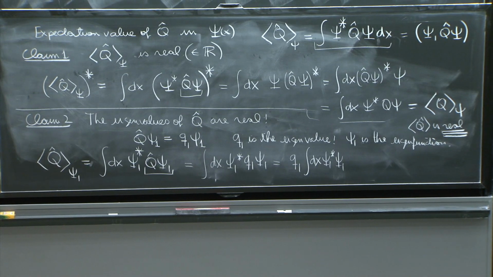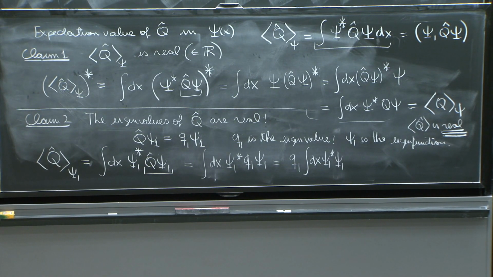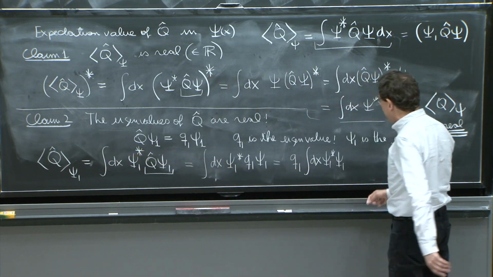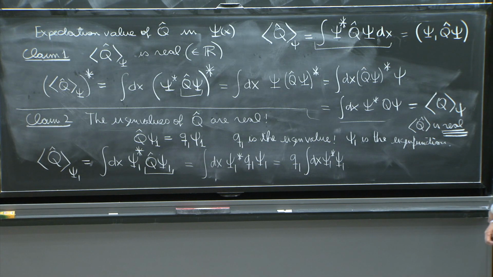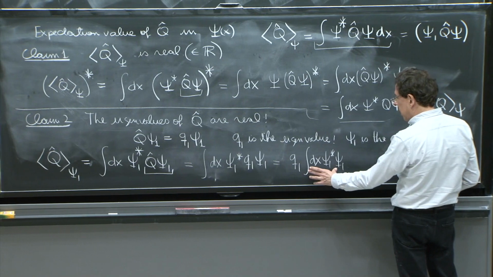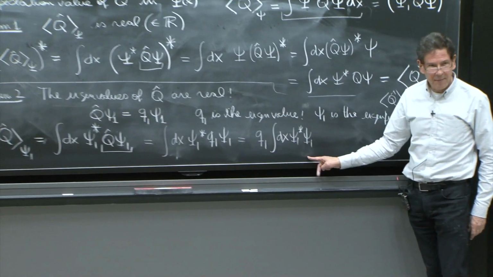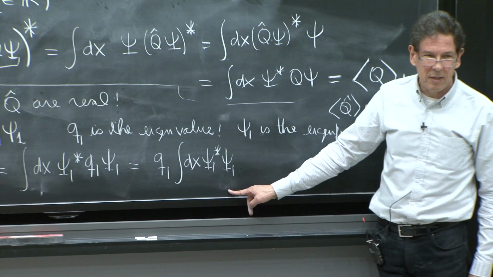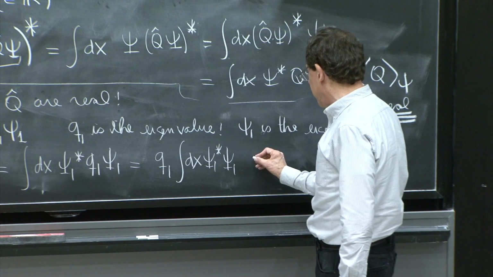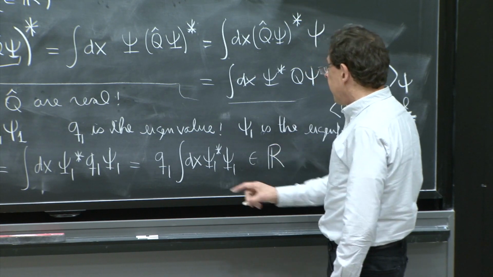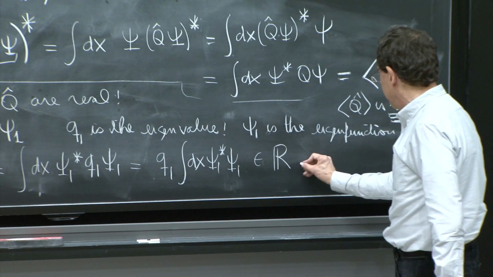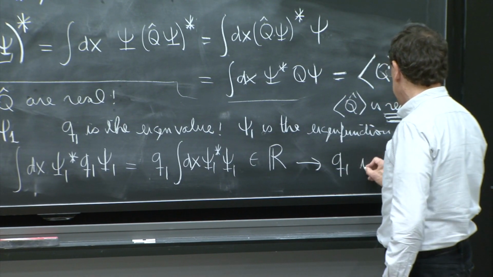So it must be real if you take it on the state psi1. And if the expectation value on psi1 is real, then this quantity, which is equal to that expectation value, must be real. This quantity is the product of two factors: a real factor here, that integral is not only real, it's even positive, times Q1. So if this is real, then because this part is real, the other number must be real. Therefore, Q1 is real.